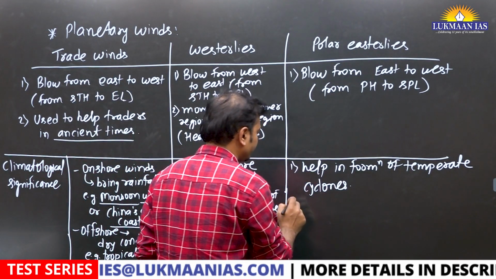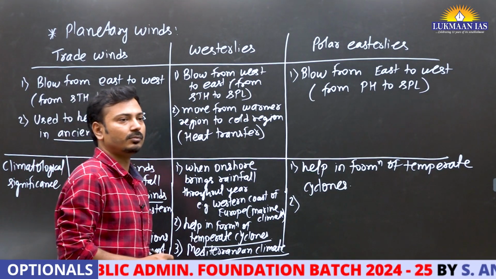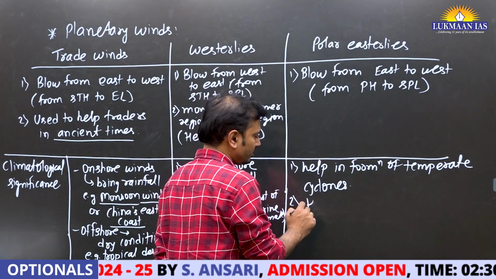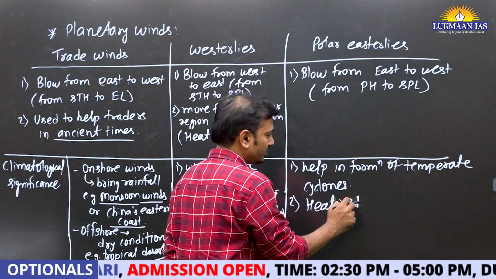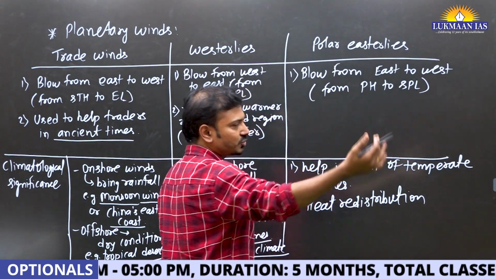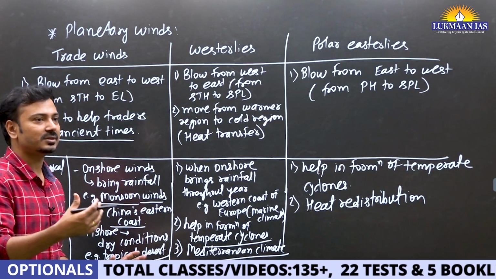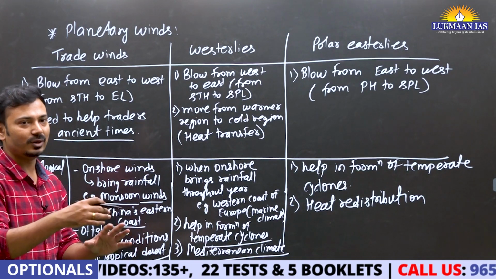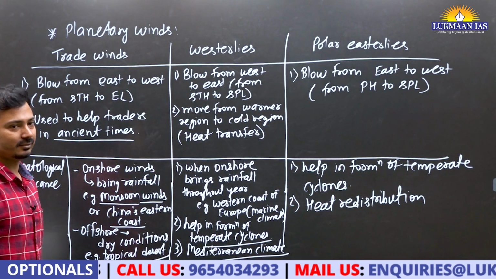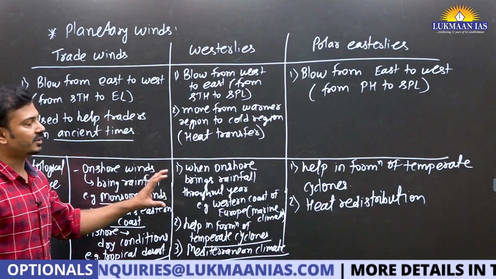Now, what is the other significance of polar easterlies? Because they are coming from a much colder region, and now the warm winds coming from the subtropical high, the westerlies, are converging near the subpolar low. So heat redistribution is happening there. Okay, fine. So this is the climatological significance of planetary winds.